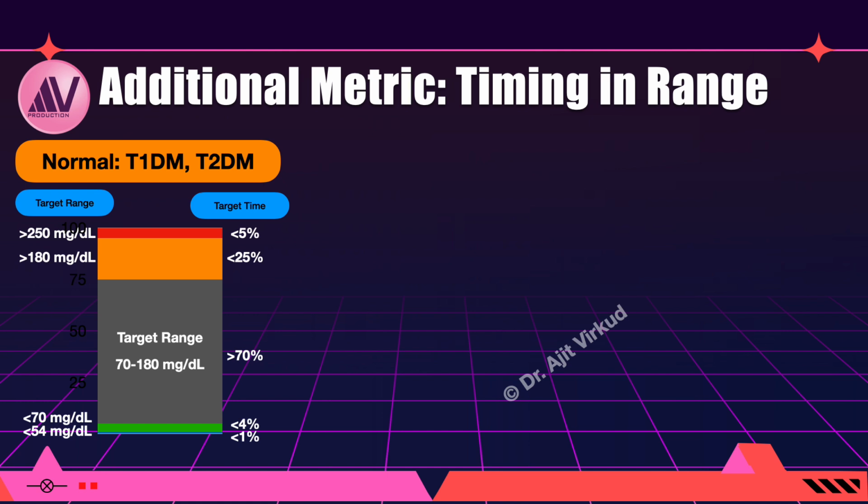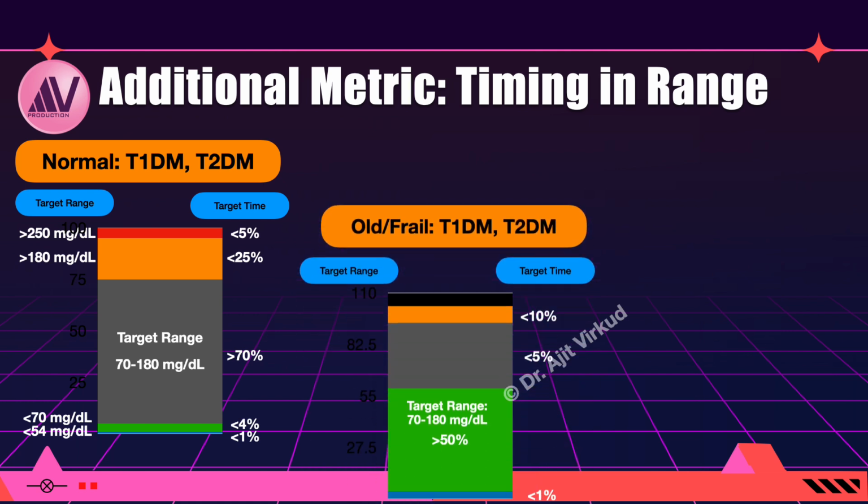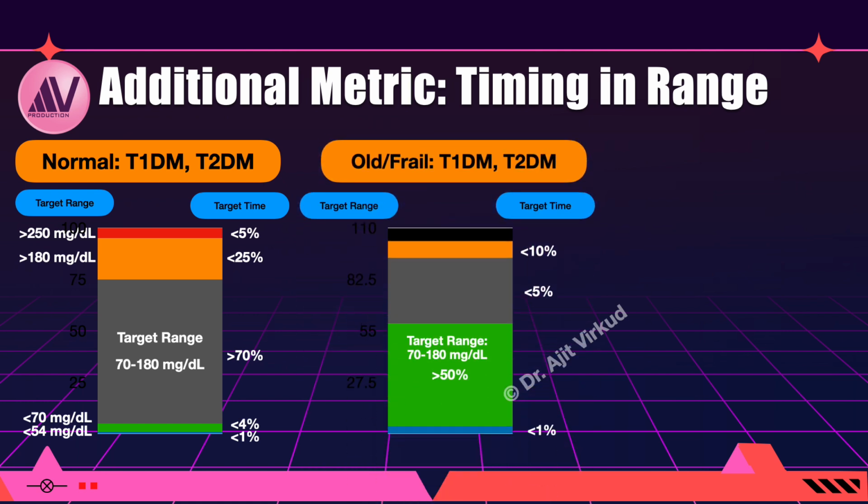For an average type 1 or type 2 diabetic patient, the target range should be present 70% of the time. This timing range differs slightly for different types of patients. For example, in old, frail patients, the target time range can be present only in 50% of time, as shown in the middle graph.